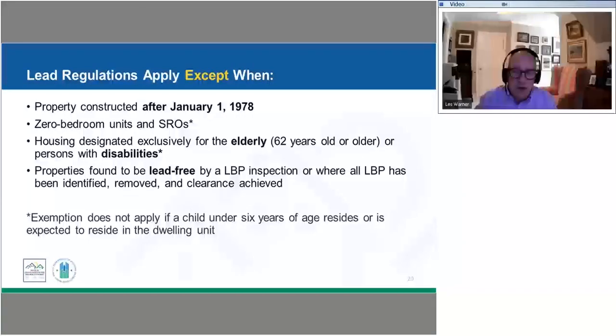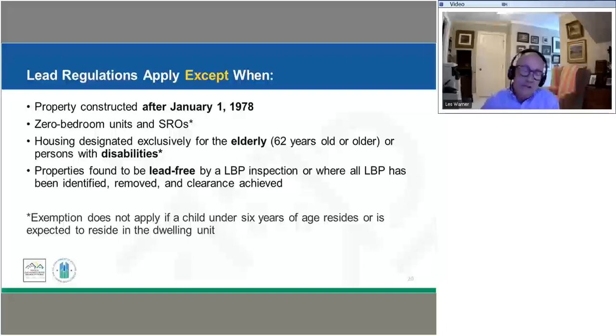So I'll mention, which relates a little bit to talking about owners and what they're required to do, there was a question that came in about relocation of tenants. I'm assuming this came from a PHA administering a program: do they have to pay for the relocation that's required while that lead hazard control work is being done?